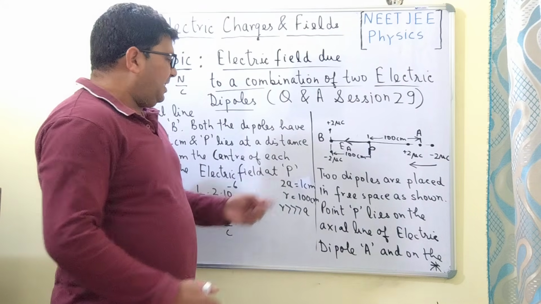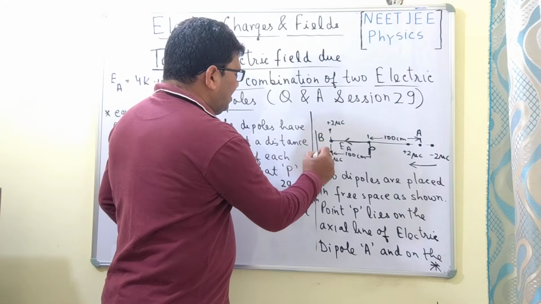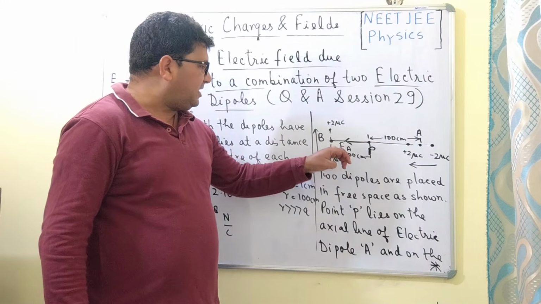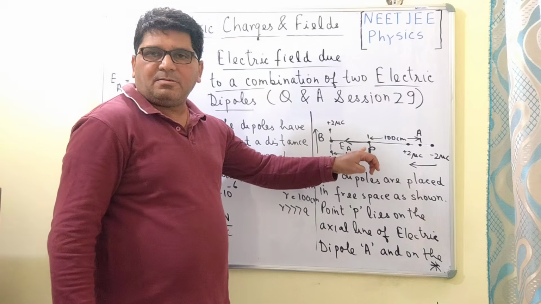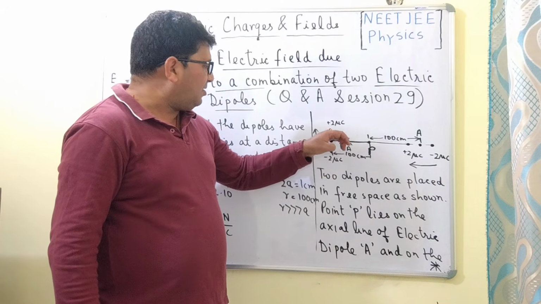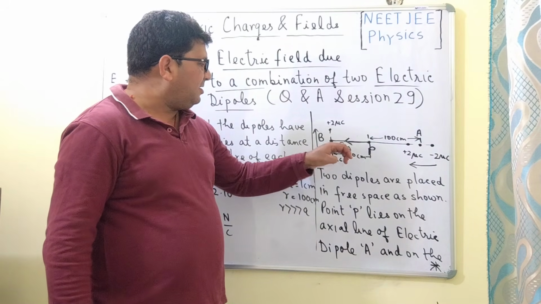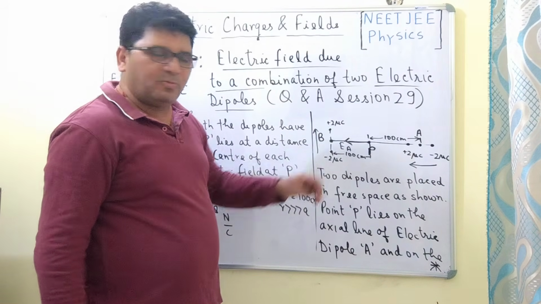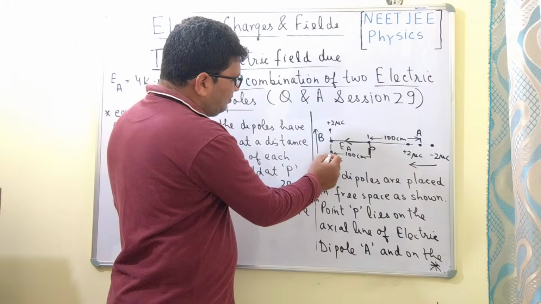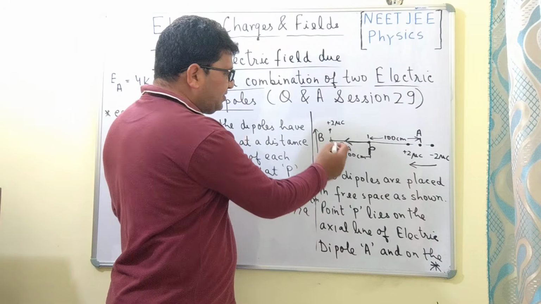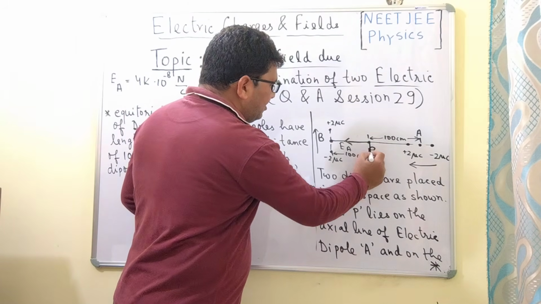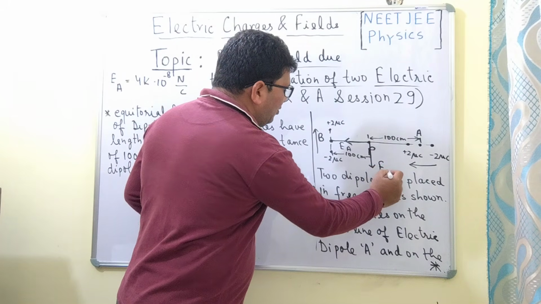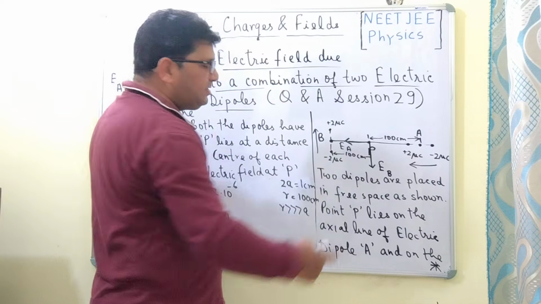The direction of the dipole moment is from the negative charge towards the positive charge, and in this case the direction of the electric field due to this dipole will be in the opposite direction of the dipole moment. So the electric field due to dipole B will be directed as shown by this arrow.